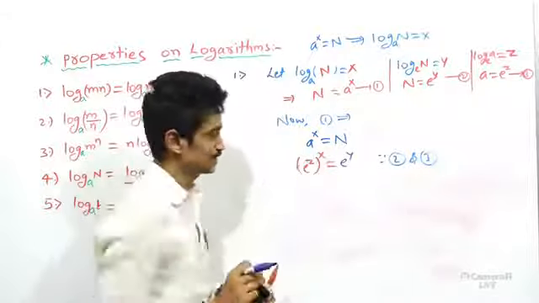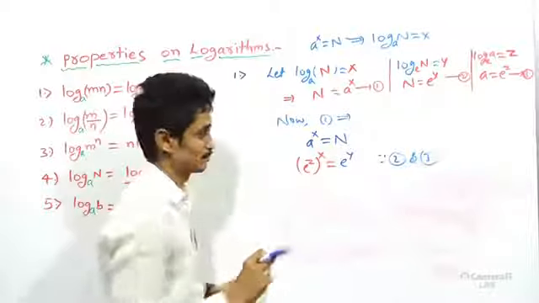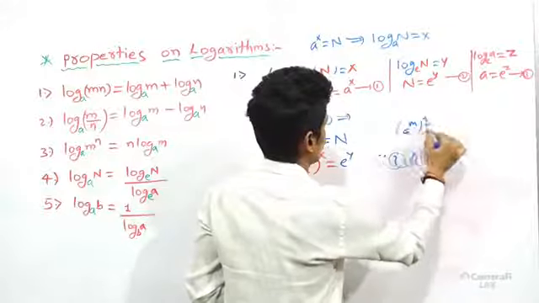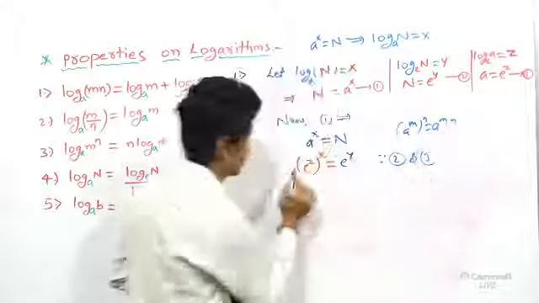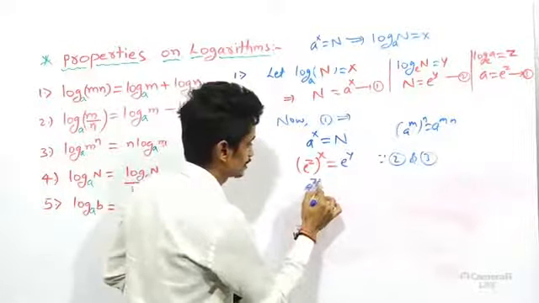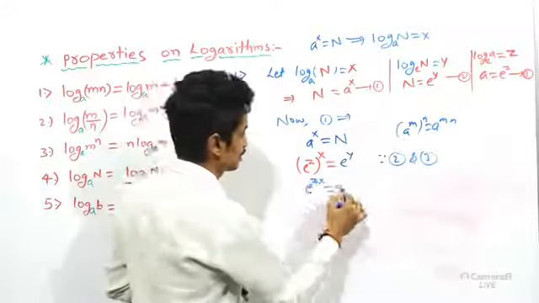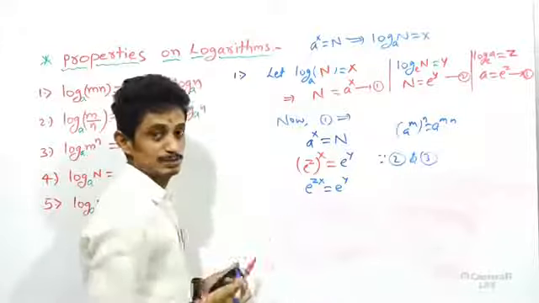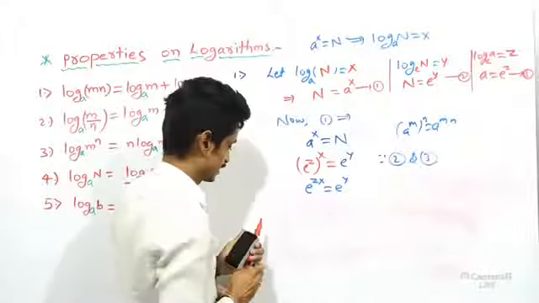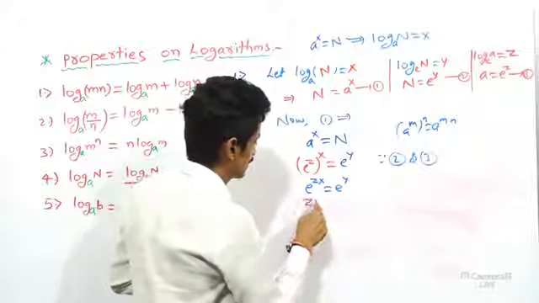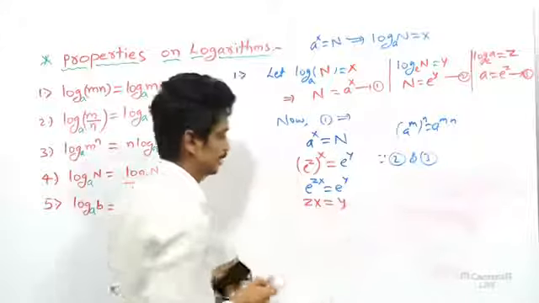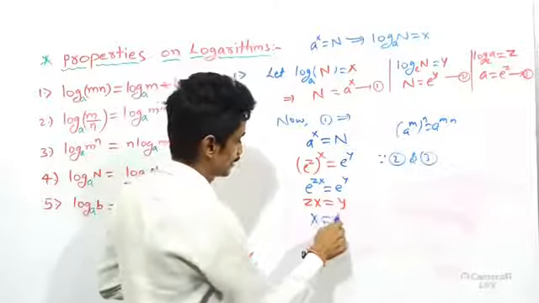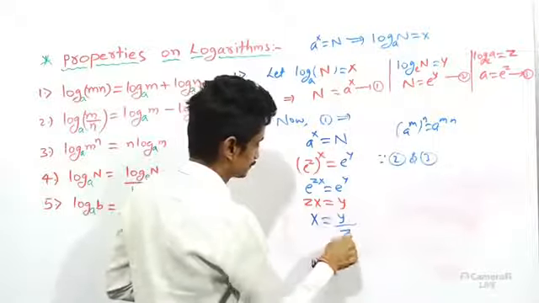Once again you have in the form of exponential form. It's the third law. A power m whole power n is equal to a power mn. Applying here, e power zx equal to e power y. Once again bases are same, of course power will be same, hence I write zx or xz is equal to y. So x make it independent, writing x as usual. This is y upon z.